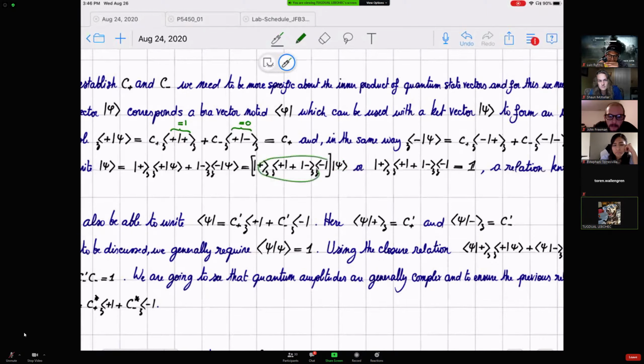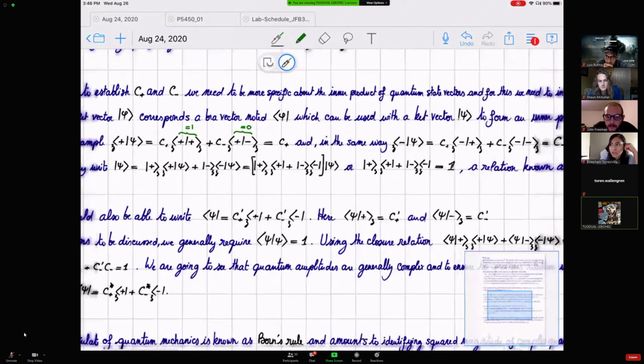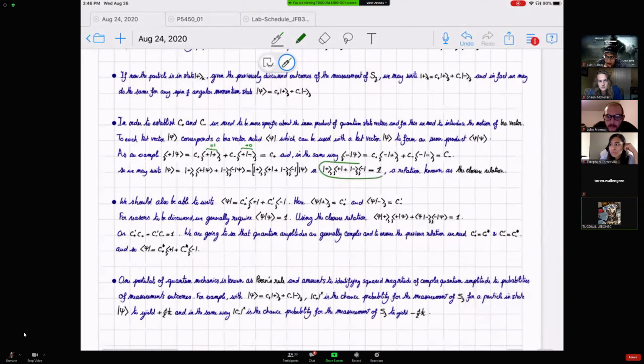That means that the something that I rewrote here is equal to the identity, since I multiply psi by something and I don't get anything different. And this relation we're going to use many times. It has a name, it is the closure relation. Is everybody good about that?